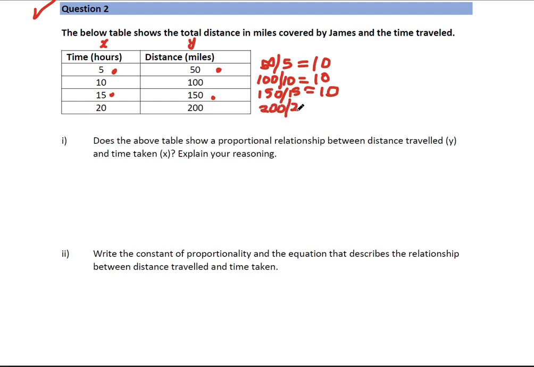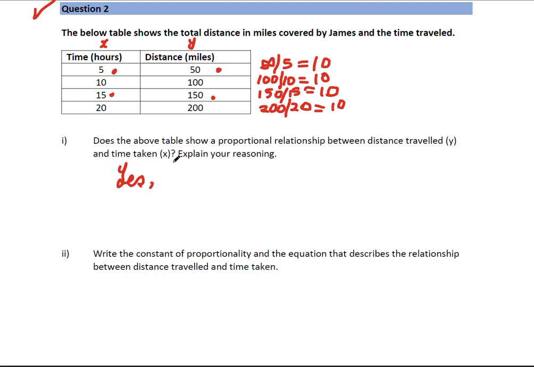There we go. And that will also give us 10. So because we have a constant ratio of distance to time, it means that the relationship is proportional. So yes, it's proportional. This is another way to determine if the relationship between x and y is proportional, by dividing y by x throughout a data set. And if we get the same value, then yes, it's proportional.